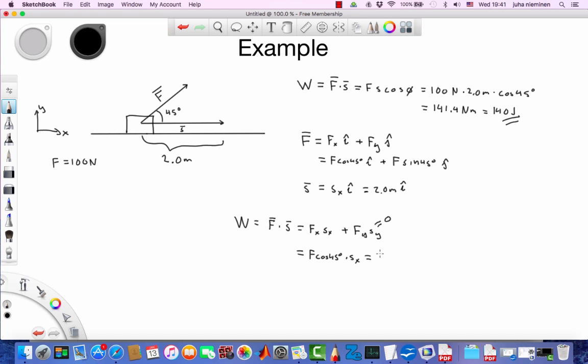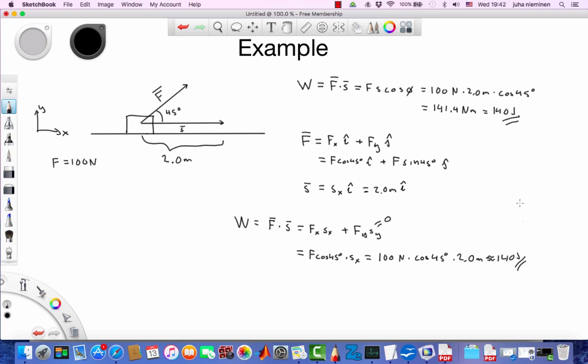So again, 100 newtons times cosine 45 degrees times Sx, just the 2 meters, we get about 140 joules.